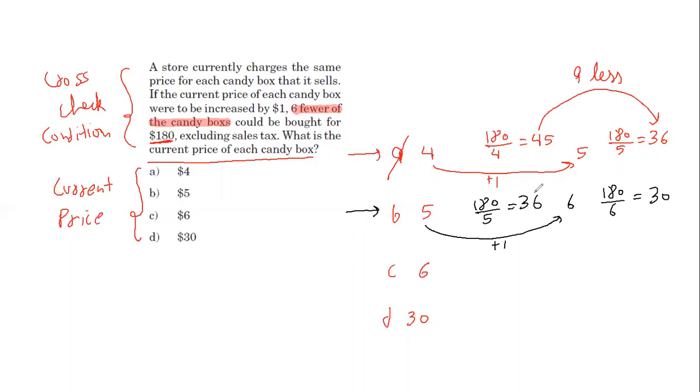Now, previously I was able to buy 36 candy boxes, but now I am able to buy 30, which is definitely 6 less. And that's what I was looking for, which perfectly matches the condition that if the current price is increased by 1, 6 fewer candy boxes could be bought. So my answer has to be B, because there cannot be more than one correct answer. So I really don't need to check C and D. I'll check B and I'll stop.